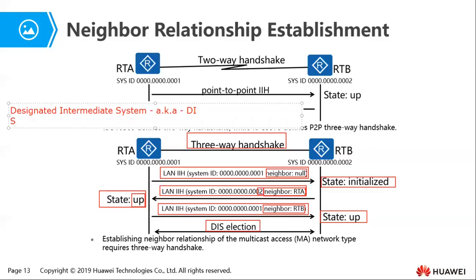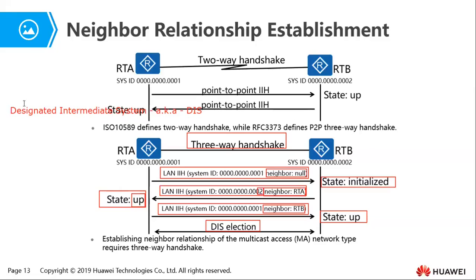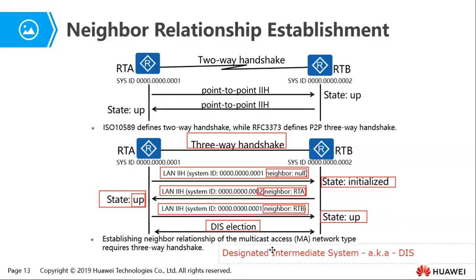So anytime we talk of DIS, we really are referring to the designated intermediate system. So establishing a neighbor relationship of the multi-access network type requires the three-way handshake. So you must use the three-way handshake. So those are the two ways. You can either do it using the two-way handshake or using the three-way handshake.